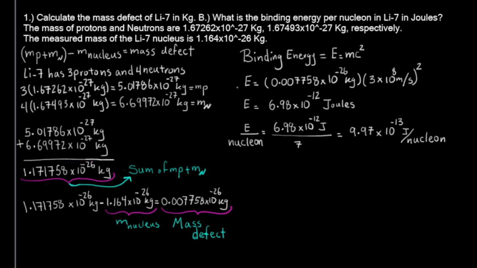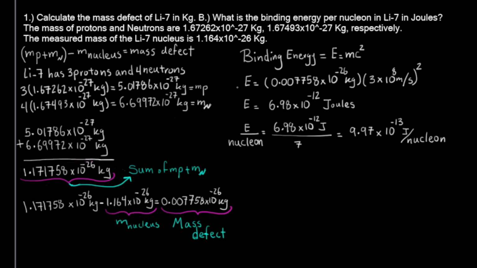The second part of this question asks for the binding energy of the lithium-7 nucleus. To answer this question, we need to use the E equals mc squared formula. E is the binding energy in joules, m is the mass defect, and c is the speed of light.